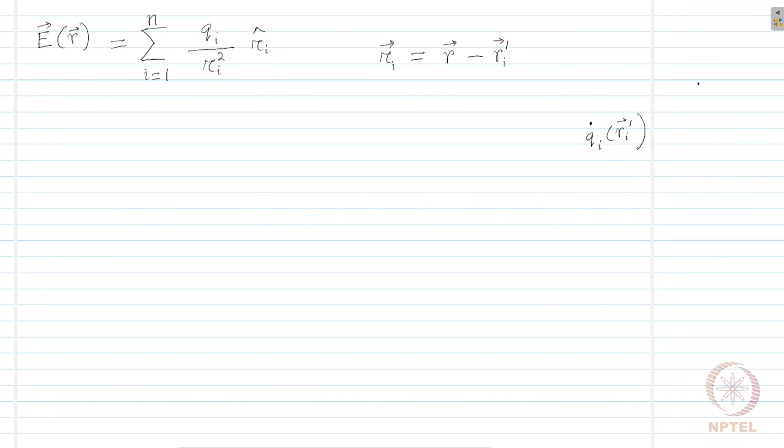Here we have our test charge capital Q, and its position vector is R. So, the vector connecting these two would be given as R minus Ri prime, and this is denoted as curly Ri, with respect to any arbitrary origin, let us say located here. So, this much is Ri prime and this much is R.